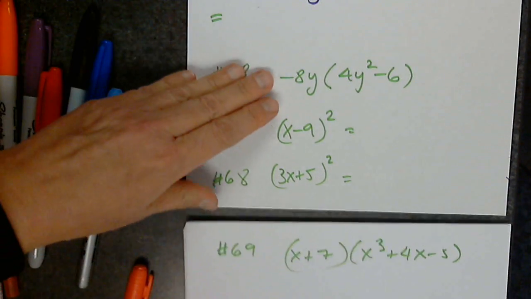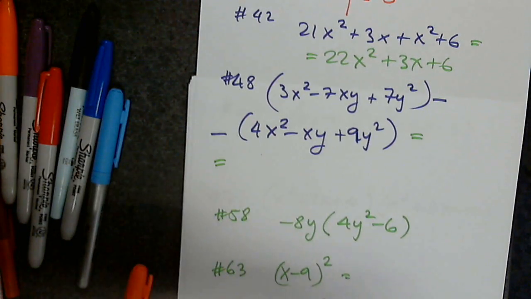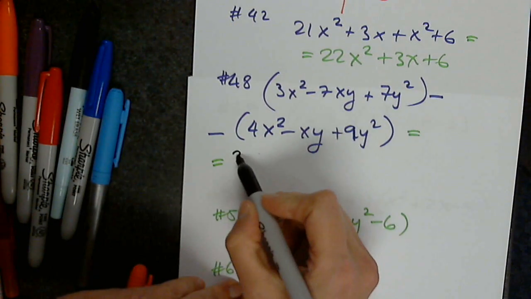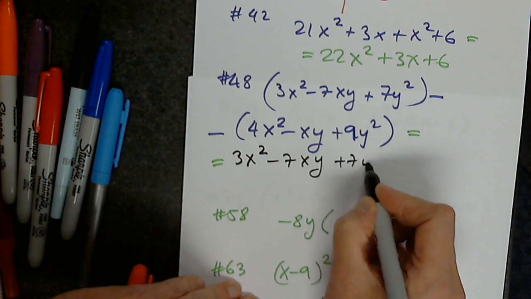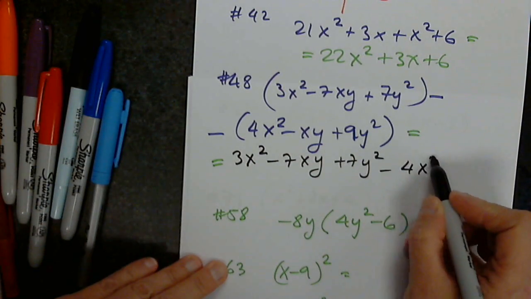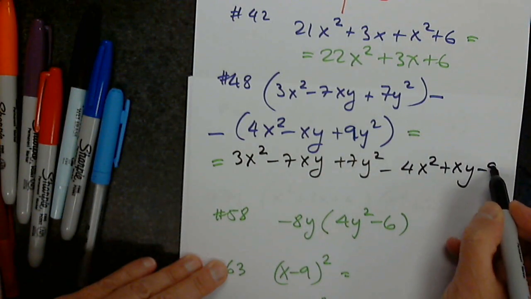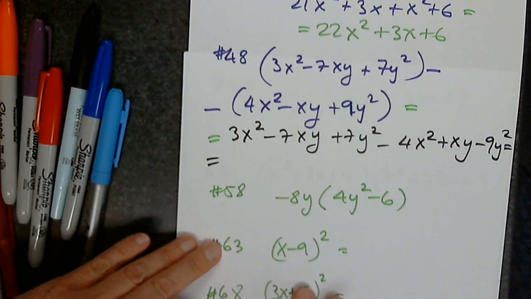So can anyone dictate anything in 48? I have to copy 3x squared, negative 7xy, and 7y squared. Then I have to copy negative 4x squared and plus xy and minus 9y squared. Are we comfortable with that? Good.